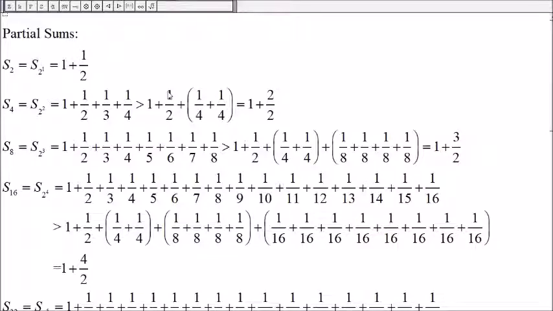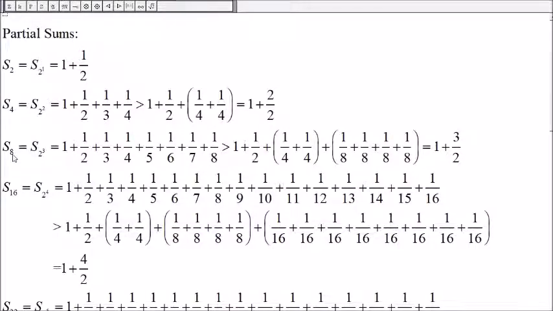And so here we have 1 half, and then a fourth plus a fourth is also a half. So a half plus a half is 2 halves. So we end up with 1 plus 2 halves. And so S sub 4 is greater than 1 plus 2 halves.